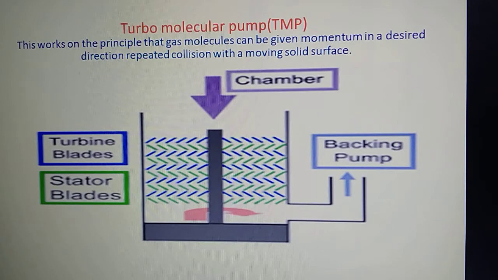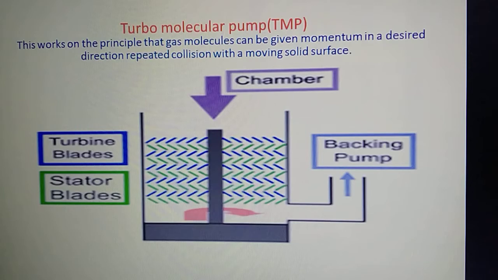That means whatever you are going to use to create a vacuum, we are going to use a moving solid surface, and with the help of that moving solid surface like blades, the momentum to the gas molecule is given, right?